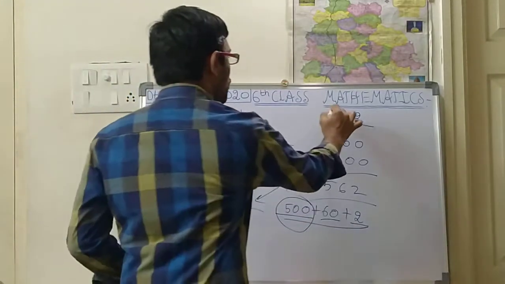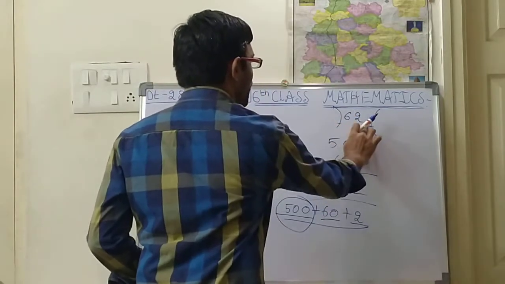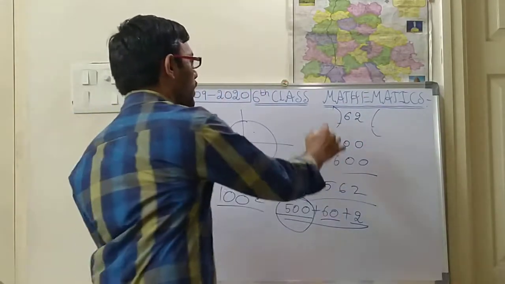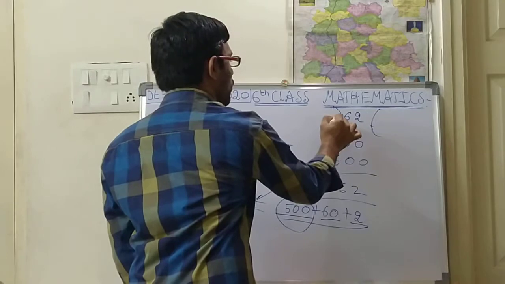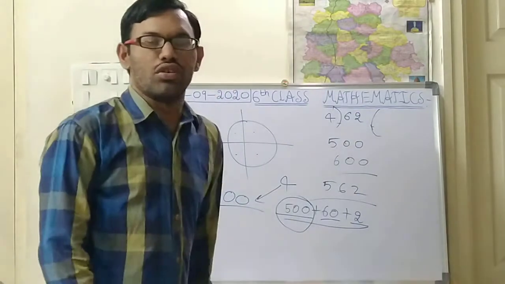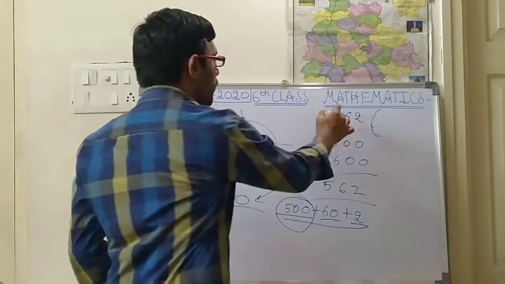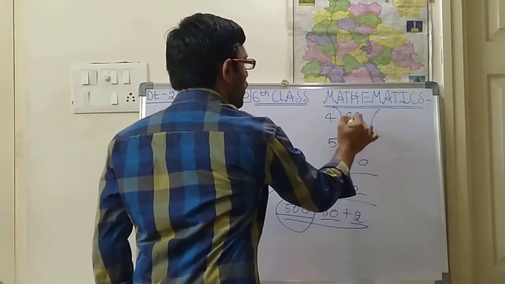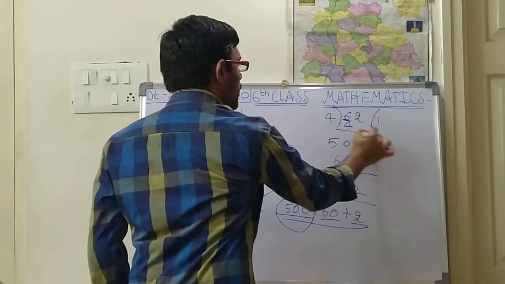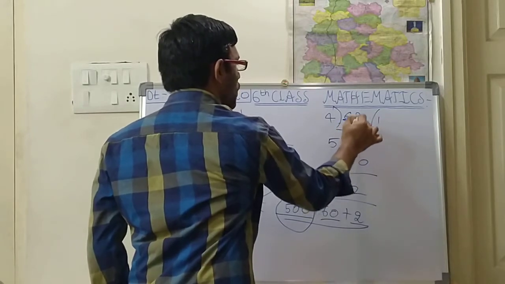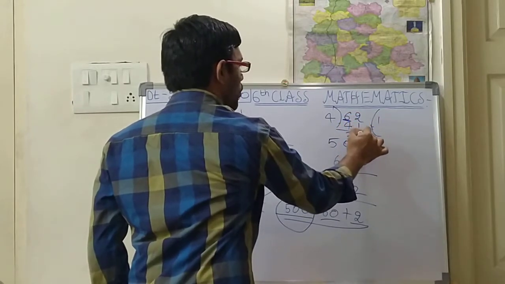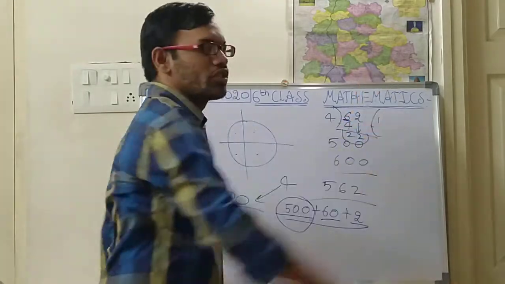So how can we find whether 62 is divisible by 4 or not? Here you are supposed to do the actual division with 4. For 4 into 62, first take only one digit: 4 ones are 4, 6 minus 4 is 2. Bring down 2, so 22. Is 22 divisible by 4?